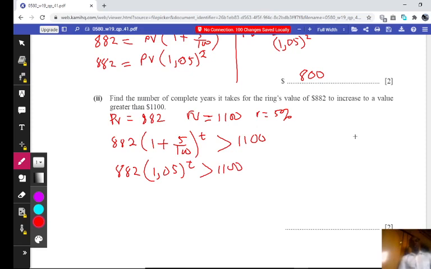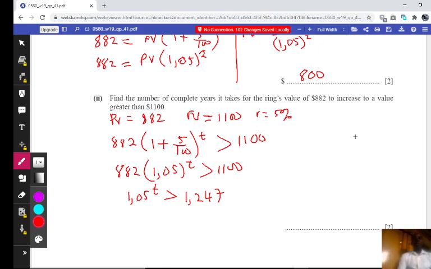What I'm supposed to do is divide both sides by 882 first. So 1.05 to the power t is greater than 1100 divided by 882. What do you get here? 1.247. Let me round off like that, decimal 1.247.